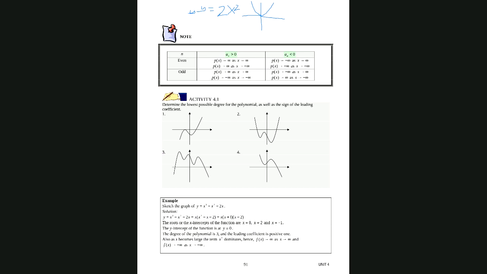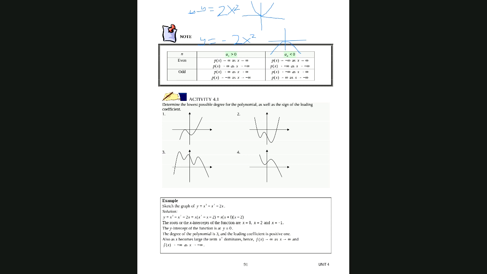Then y equals minus 2x squared, your graph will look like this. Can we all acknowledge that, or do you all remember that? Your graph will be angry.